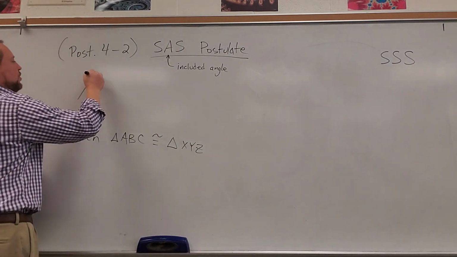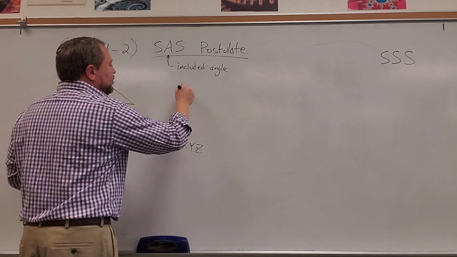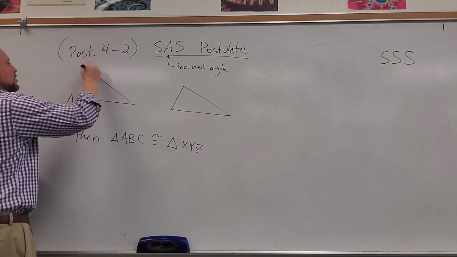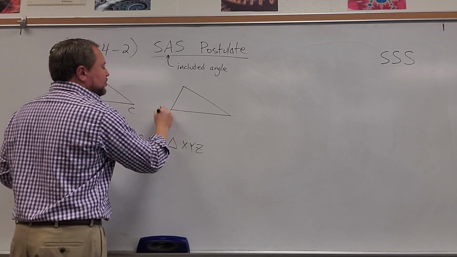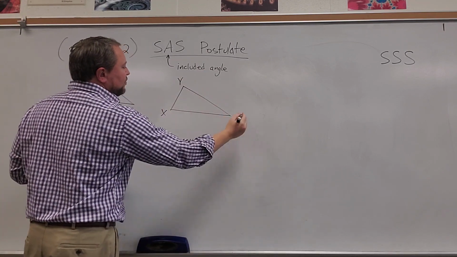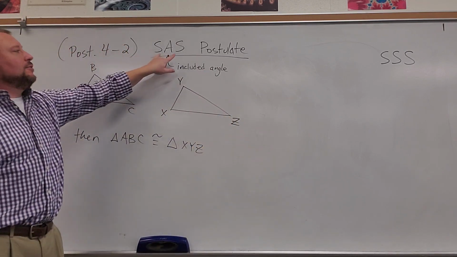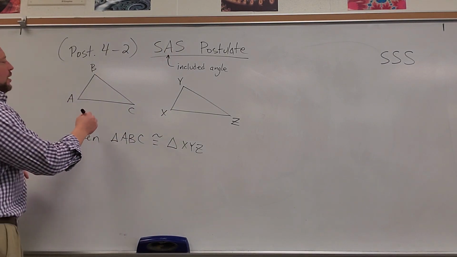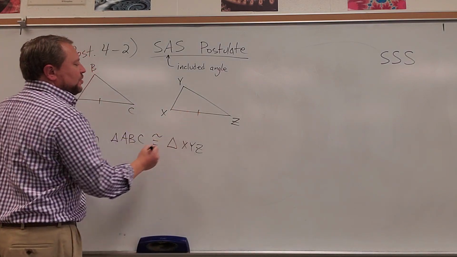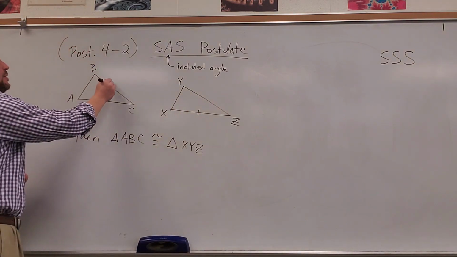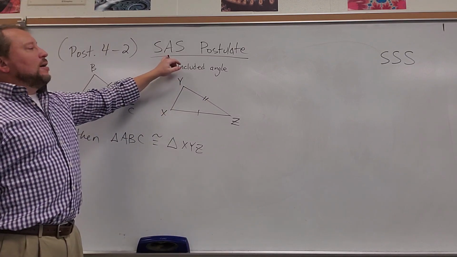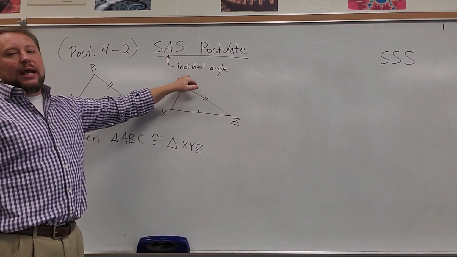So if I had a couple of triangles I'm trying to prove congruent like this, we'll call this one ABC, this one XYZ again. And if I had 2 pairs of sides congruent, maybe this side congruent to this one, and maybe this side congruent to that one, now I'd have to have the included angle.